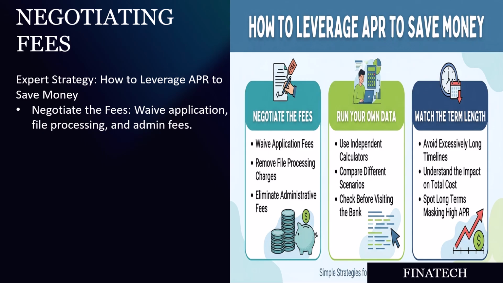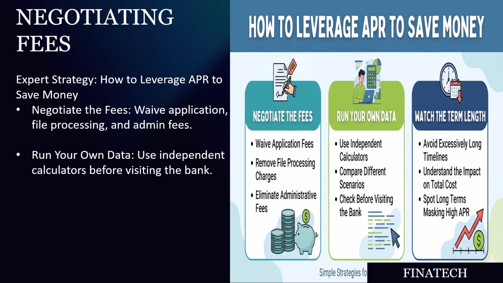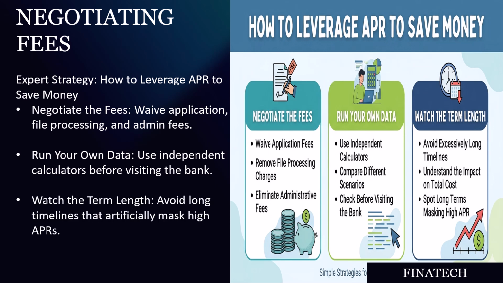Lenders cannot easily alter their base interest rate because of federal margins, but they have a huge control over application, file, and processing fees. Tell them you will walk away unless they drop those fees to lower your APR.